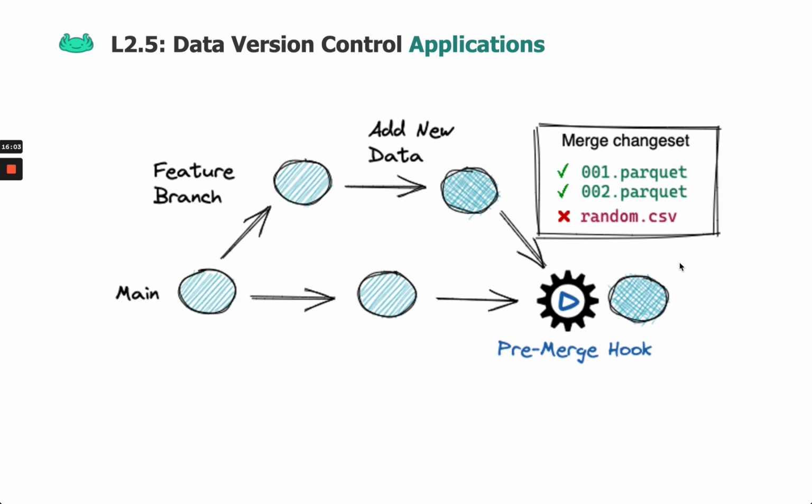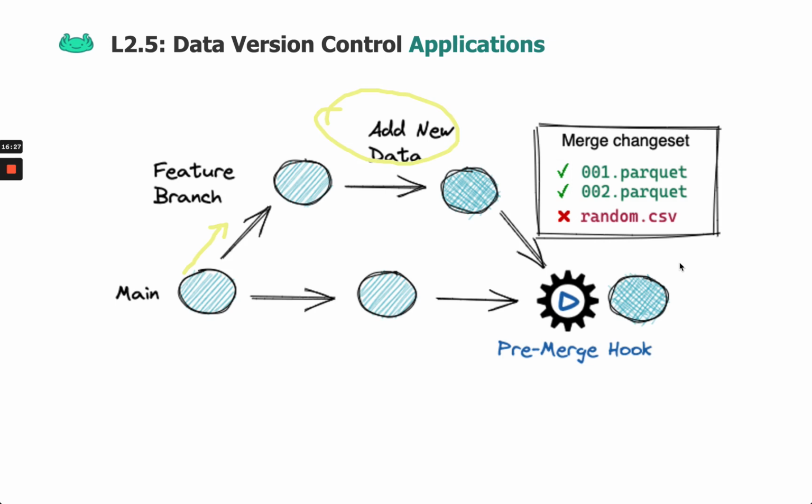So imagine that happening in my production. If something goes wrong, like I'm adding new data into the system, I can block it in the merge operation. So you can see it here. I have my main, I'm branching out, I'm running some new logic, adding some new data.